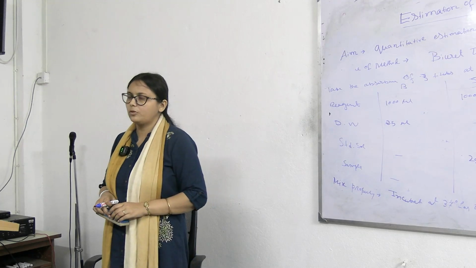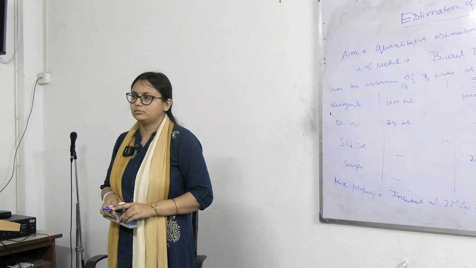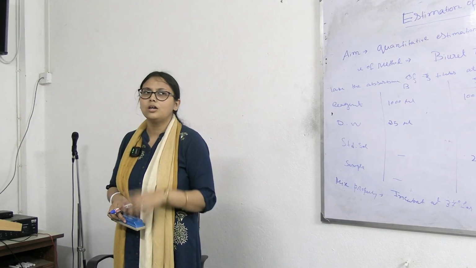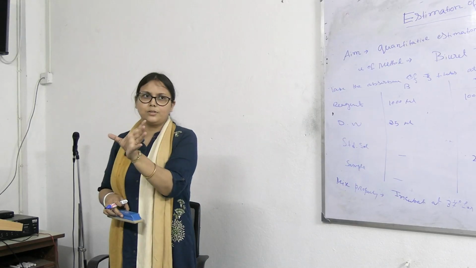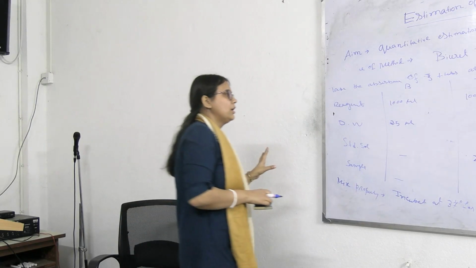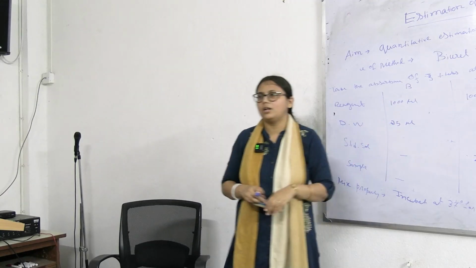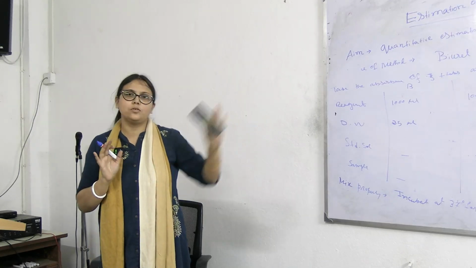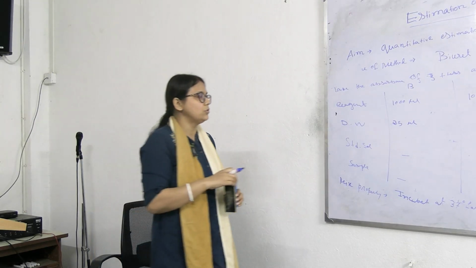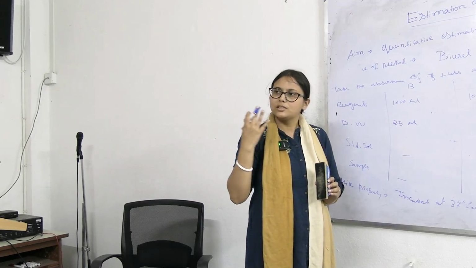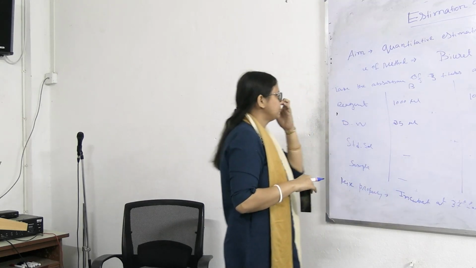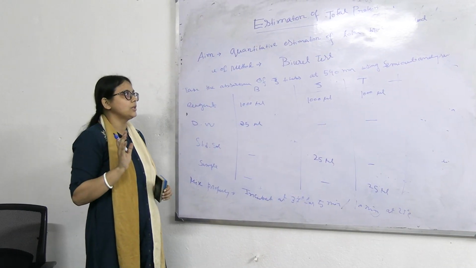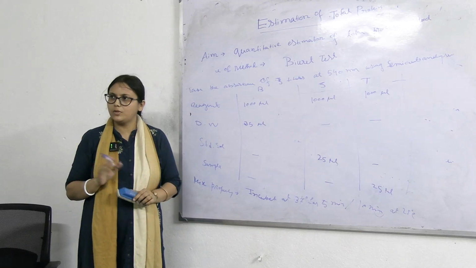A spectrophotometer also covers UV, infrared and visible ranges, while a colorimeter or semi-auto analyzer works only in the visible range. That means reactions which produce color can be measured using a semi-auto analyzer, and for reactions that don't give color we have to use a spectrophotometer. So we take the absorbance of the 3 test tubes at 540 nanometers using a semi-auto analyzer.